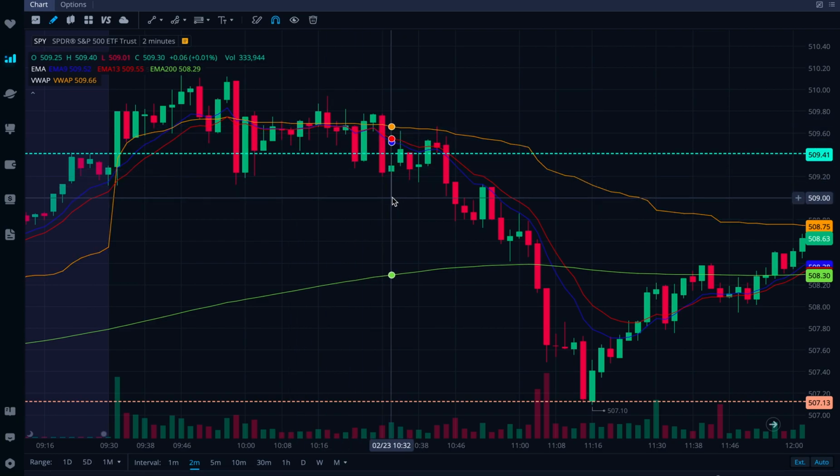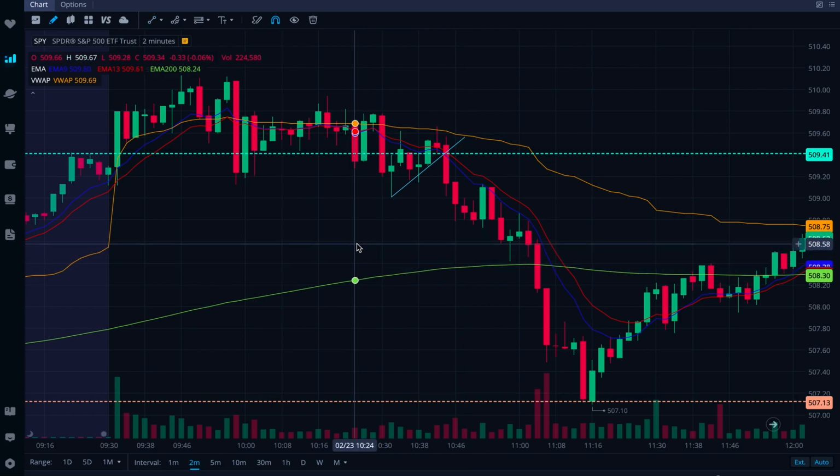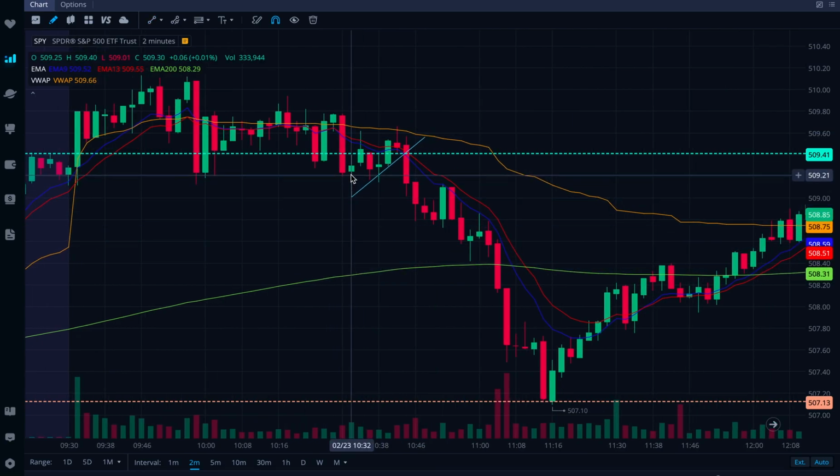It's not until right around 10:30 Eastern time we start to create this little flag down here using our pre-market high level. We get a long wick here, which is the base of our flag, followed by a second, a third, a fourth, and finally a fifth wick 10 minutes later.